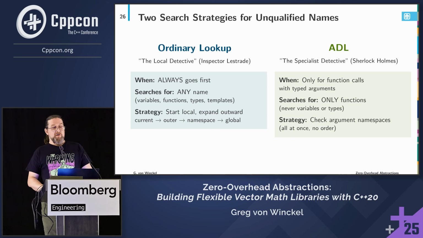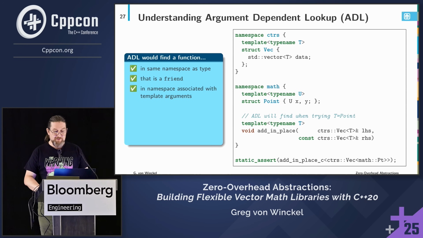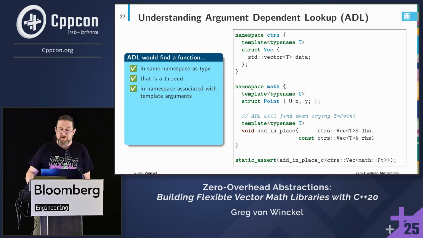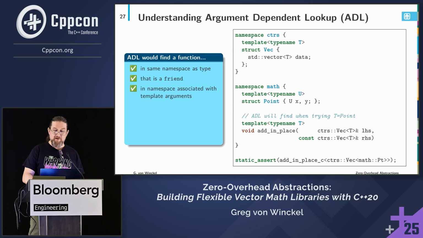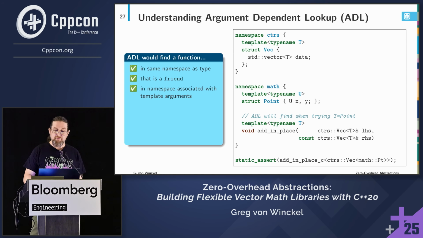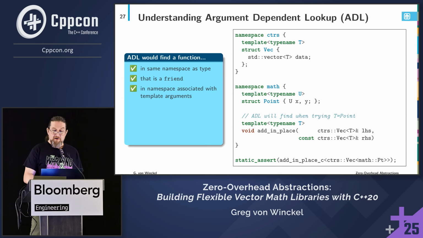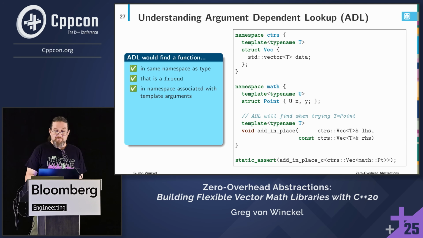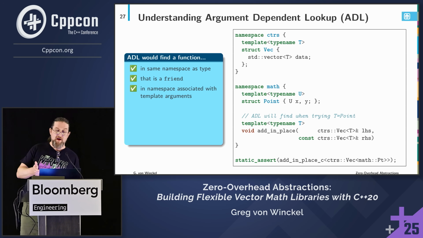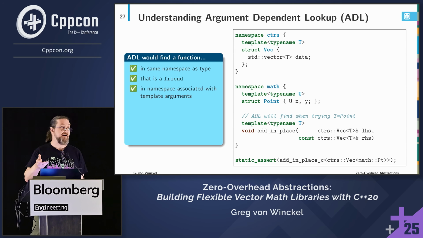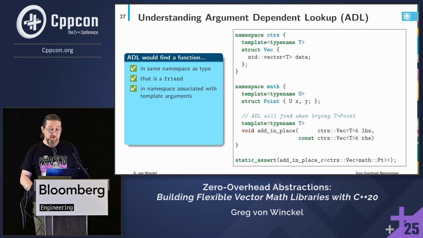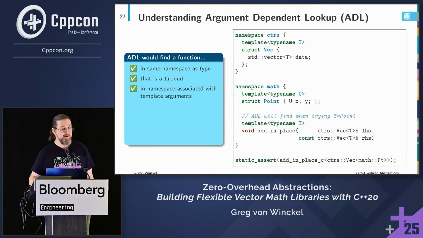Okay, so here's some examples of ADL in action, right? ADL would find a function in this case, where if I've defined my add in place, right? In this case, it would find this add in place because it is defined in the same namespace as the type, my vector of T. Similarly, it would find it if it is a friend.